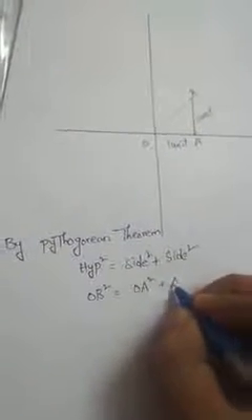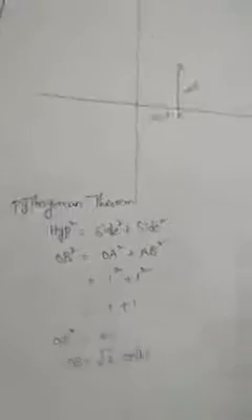I'll take this point as B. So hypotenuse OB square is equal to OA square plus AB square, which is 1 square plus 1 square, that is 1 plus 1. OB square equals 2, so OB is equal to root 2 units. I got the OB value.